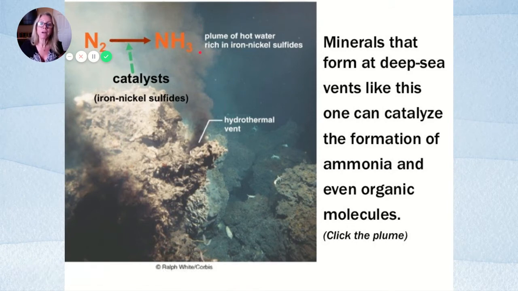Okay, and we talked about that with the nitrogen cycle and how we need nitrogen fixing bacteria to give us a large enough source of ammonia that other bacteria can do nitrification, right, to form nitrate for plants. So if you have no life, no nitrogen fixing bacteria, where is that going to come from? Catalysts like iron and nickel sulfides in rocks at hydrothermal vents could form that ammonia. So on evolution of organic polymers, energy at hydrothermal vents forming ammonia.